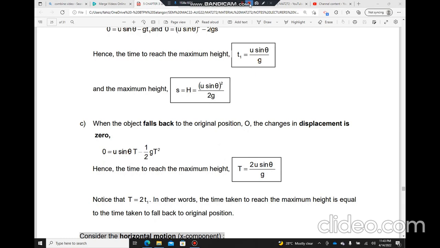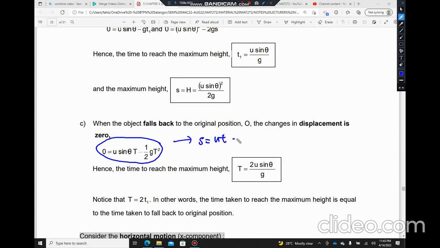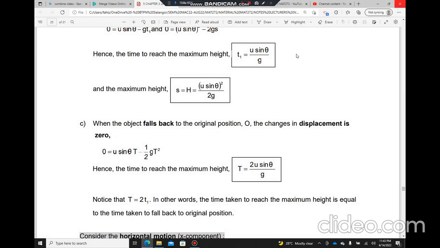Okay, so displacement, yang ni untuk this formula, dia ni diguna formula S pula. S equals to UT plus 1 over 2 AT square.